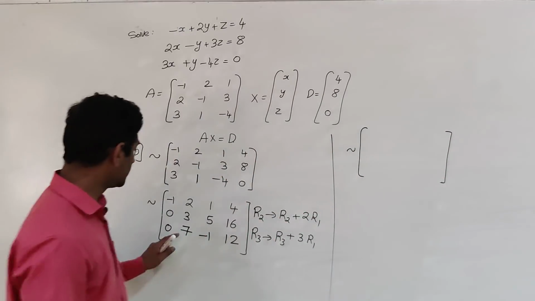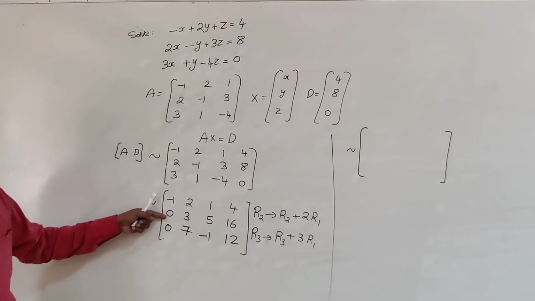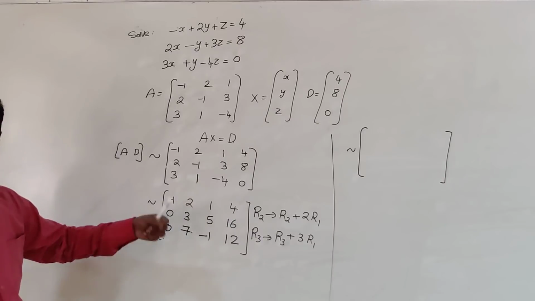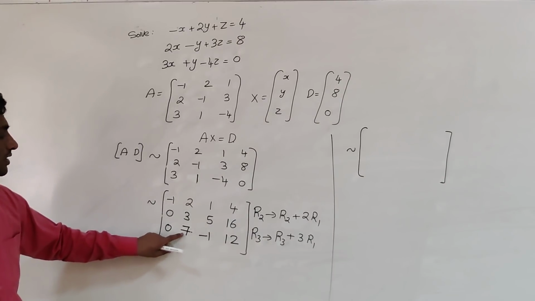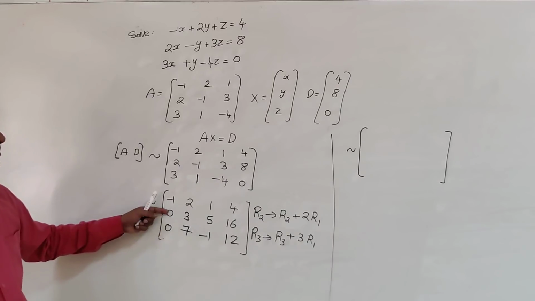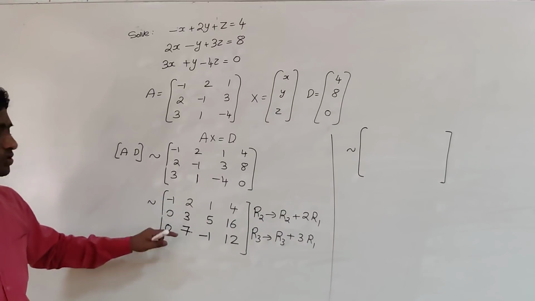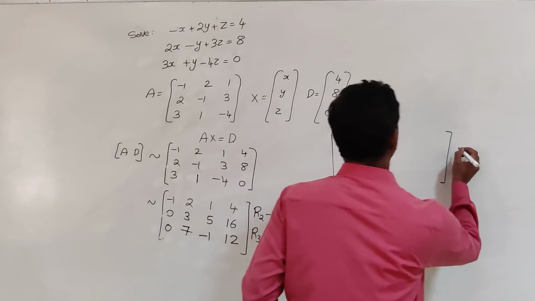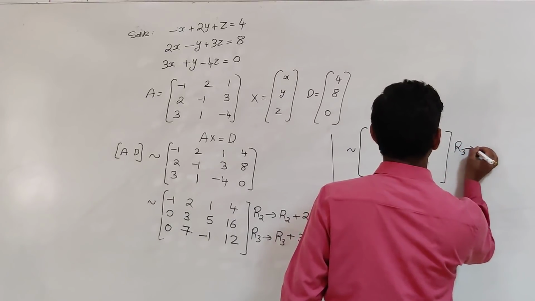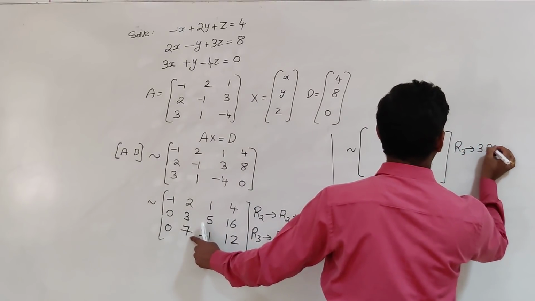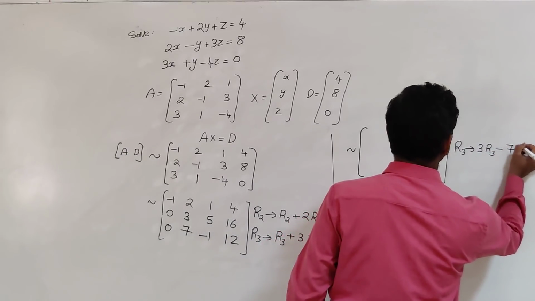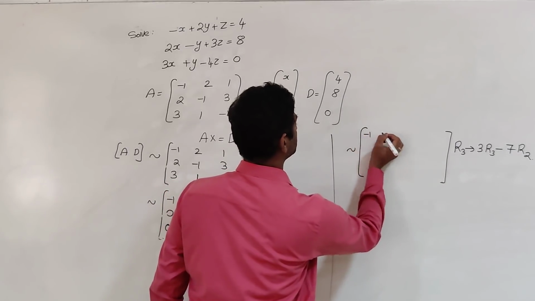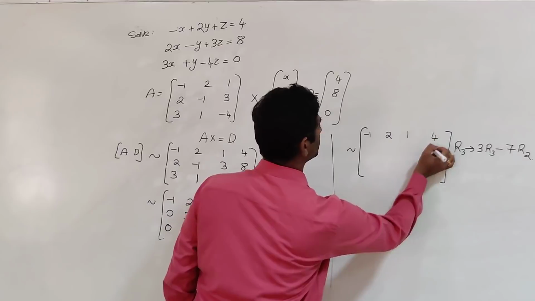In order to convert it to 0 with the help of row 2, we multiply row 3 with 3 and row 2 with 7, so that 7 times 3 is 21, 3 times 7 is 21, and it becomes zero. So the operation is R3 is replaced with 3 times R3 minus 7 times R2. Row 1, -1 2 1 4, does not change.